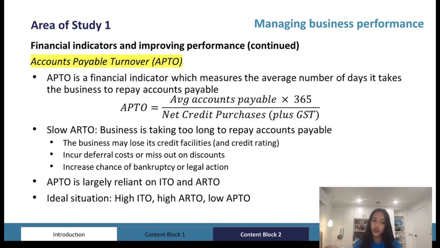And when there's a slow accounts payable turnover, it means that the business is taking too long to pay their accounts payable or their suppliers. And this may mean that the business loses its credit facilities and has a lower credit rating. They could incur deferral costs or miss out on discounts from suppliers. And it could even result in the business going bankrupt or having legal action taken against the business.